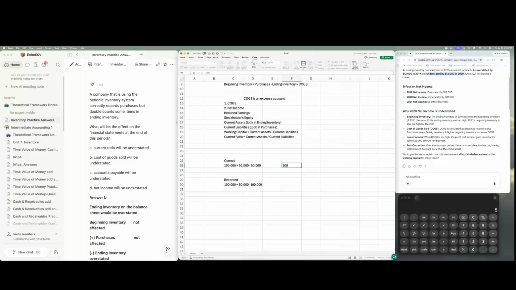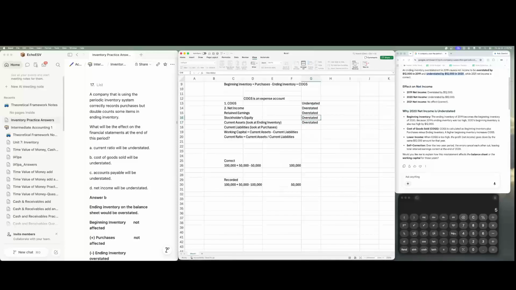So the cost of goods sold would actually be understated, because it should be 100,000, but they recorded it as 50,000. If the expenses have been understated, the net income would be overstated. The ending inventory is overstated.